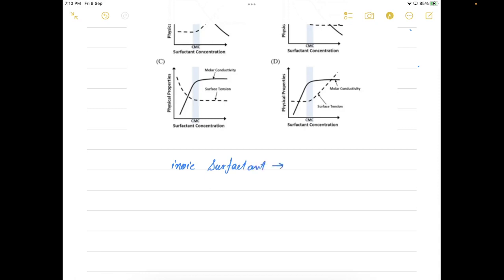That means it can have a hydrophilic head group, which can be a cation or an anion, and a hydrophobic tail group.